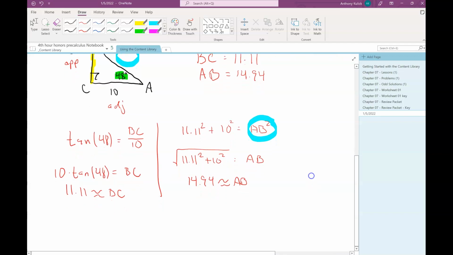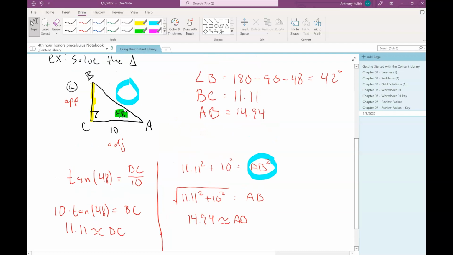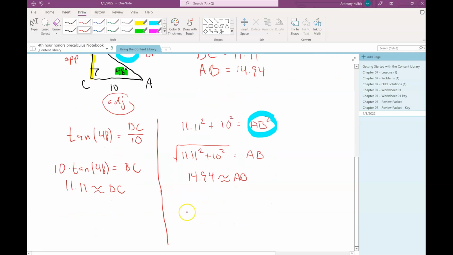What's the other way that we could have done it? Great, I could use SOHCAHTOA here. Again, if we're using the 48-degree angle, we know the adjacent side, and we're looking for the hypotenuse. So yes, cosine of 48 equals adjacent over hypotenuse.